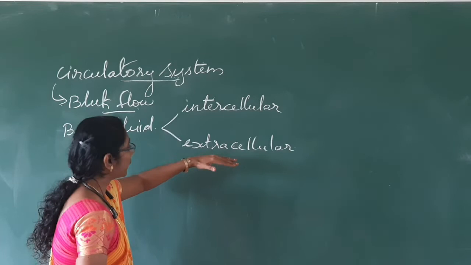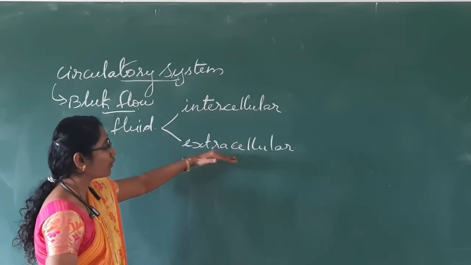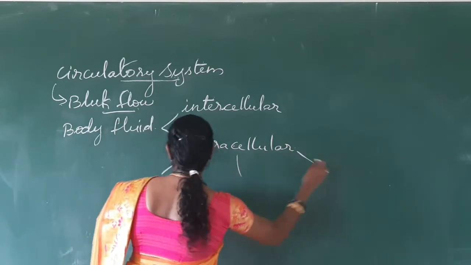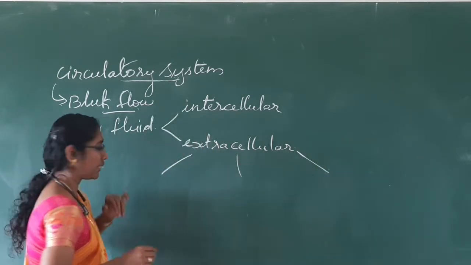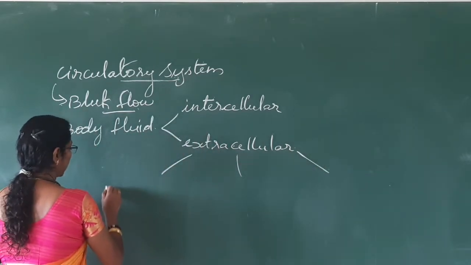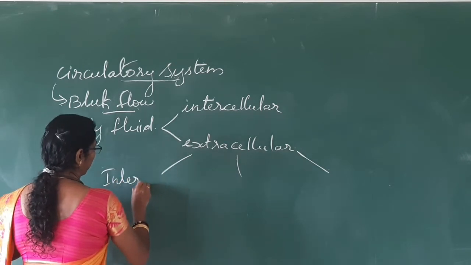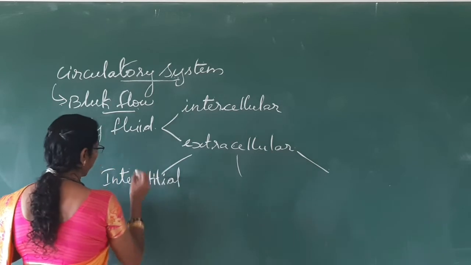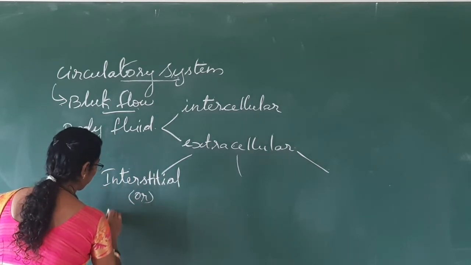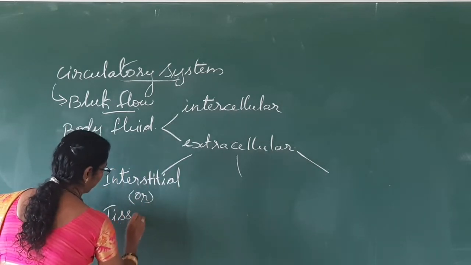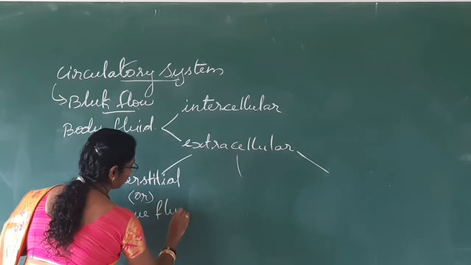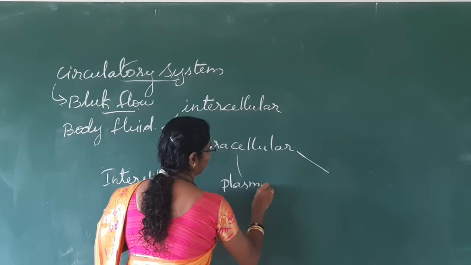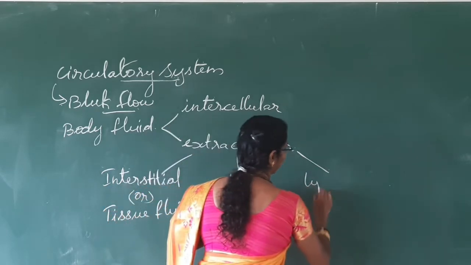So here, extracellular body fluid is again divided into three types: interstitial fluid or tissue fluid, plasma, and lymph.